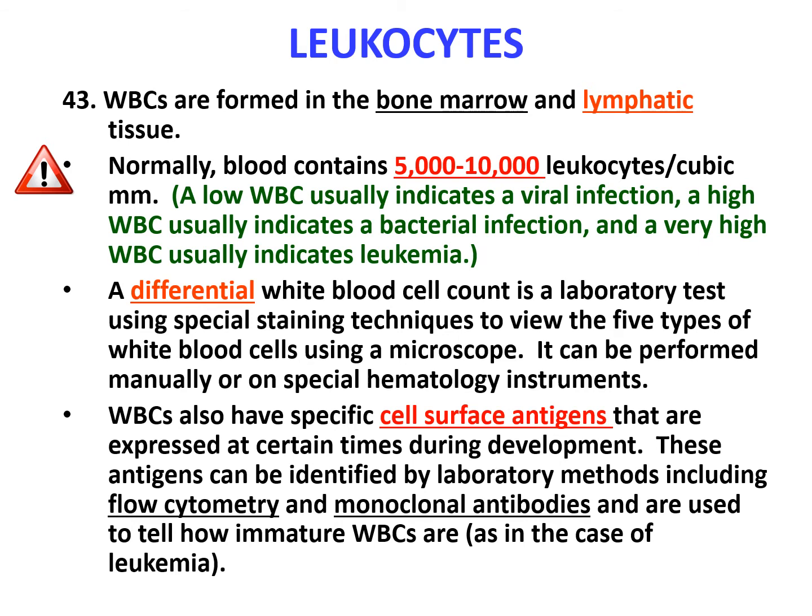And so in cases of leukemia where your white count is extremely high, you really will see a lot of these immature cells out there in the bloodstream that shouldn't be out there. And the more immature they are, the more we can identify this as a leukemia. So there are all those tests that can identify from those cell surface antigens which stage that white cell is at.